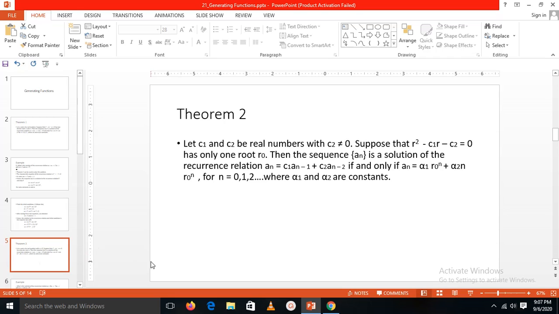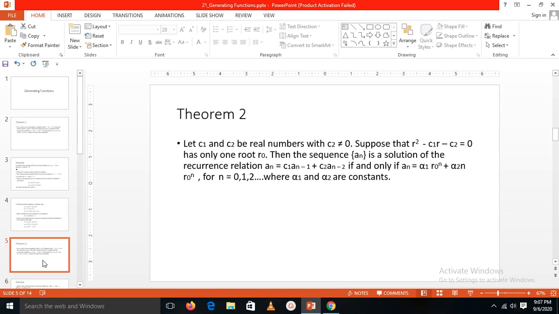Then the sequence an is a solution of the recurrence relation an equals C1 an minus 1 plus C2 an minus 2 if and only if an is equal to alpha 1 times r0 raised to n plus alpha 2 times n times r0 raised to n for n equal to 0, 1, 2 up to infinity, where alpha 1 and alpha 2 are constants.